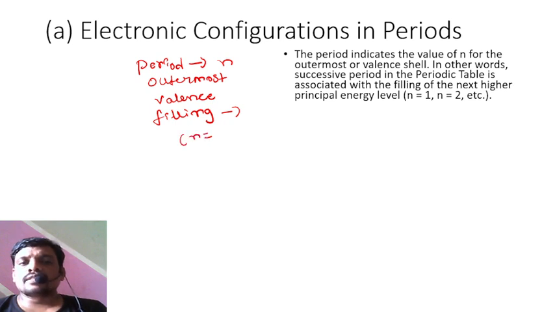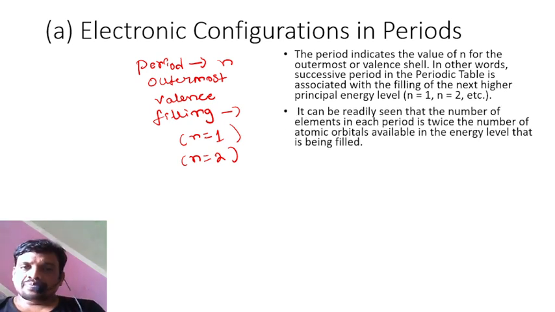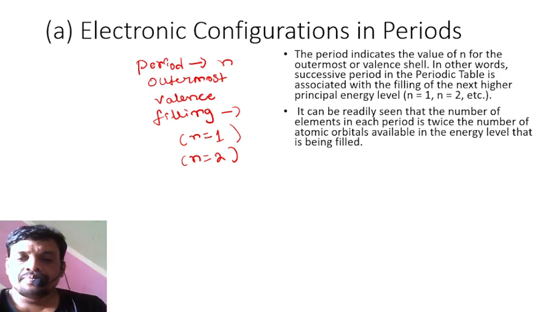As we have discussed, energy levels are indicated by n: n equal to 1 is the first energy level, n equal to 2 the second energy level, etc. It can be readily seen that the number of elements in a period is twice the number of atomic orbitals available in the energy level that is being filled.